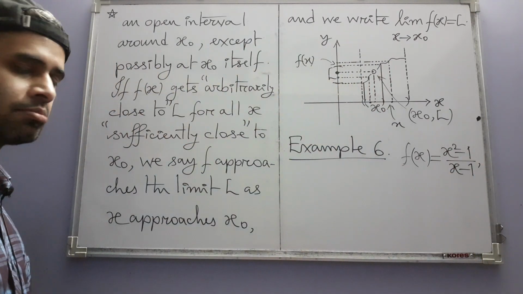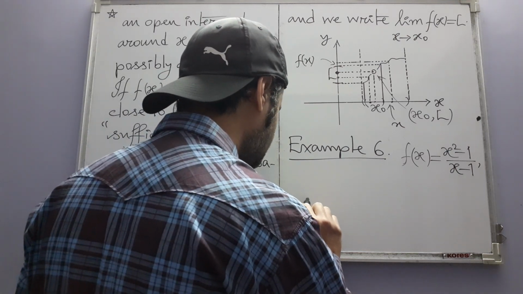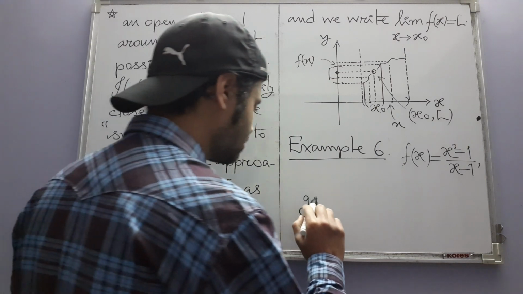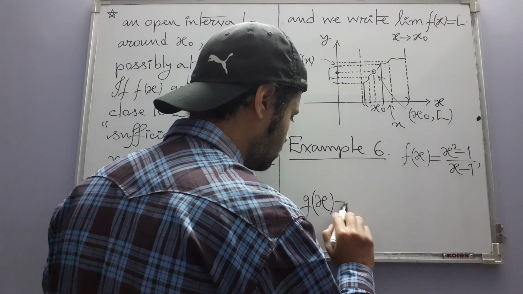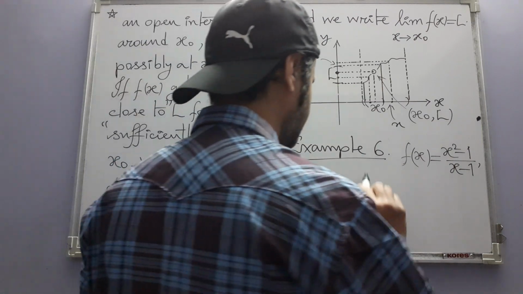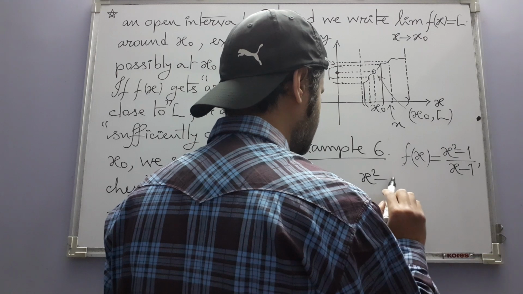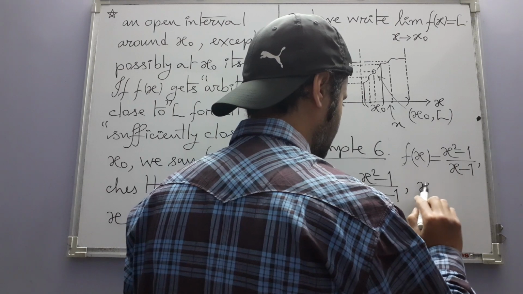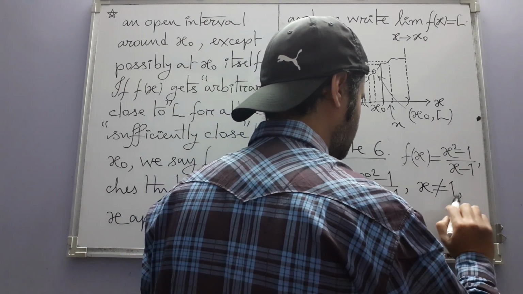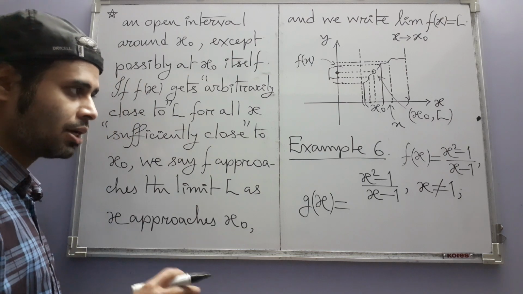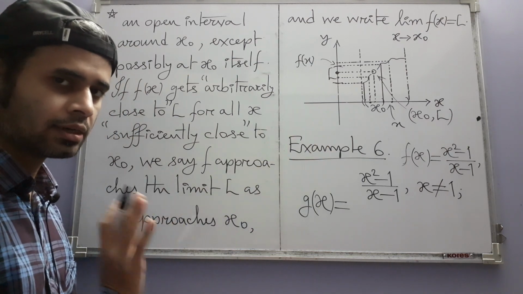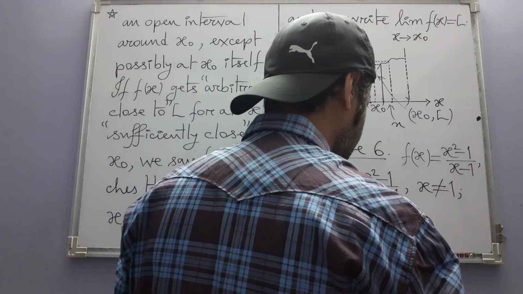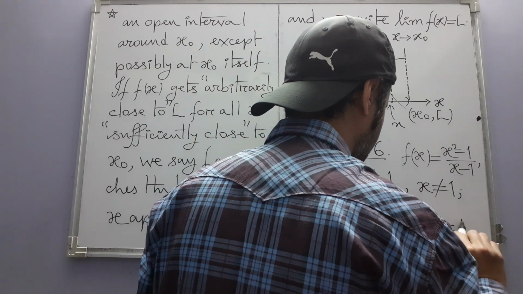This is f, but there is another function g. Now g(x) is defined like this. Part of g(x) is just like f(x), when of course x is not equal to 1. But unlike f(x), g(x) has a meaning at x equal to 1 also, and its value has been defined to be equal to 1 when x is equal to 1.